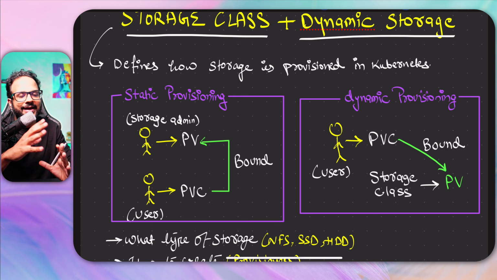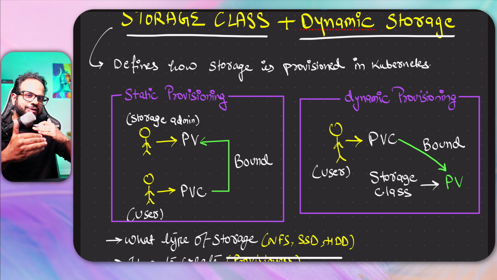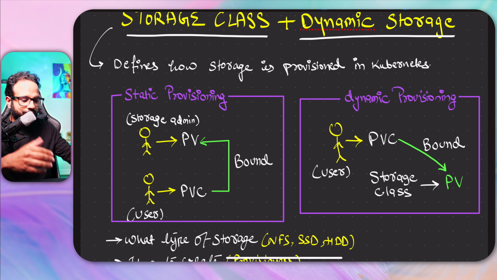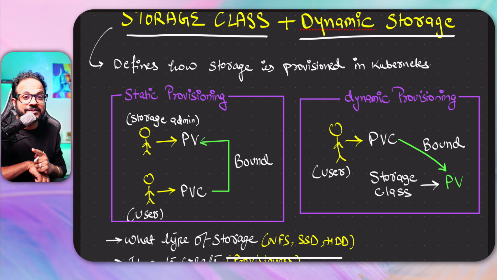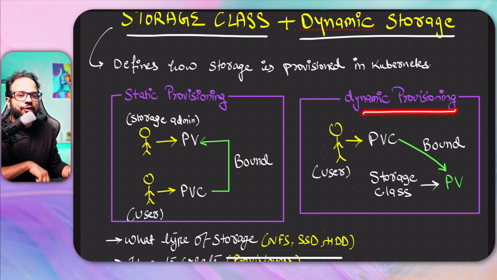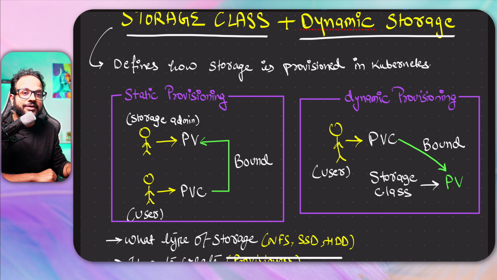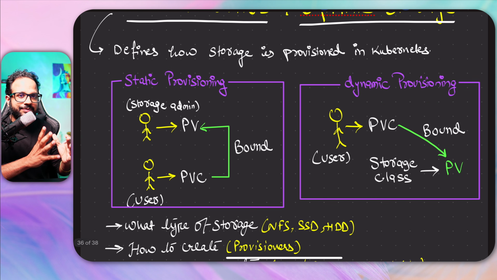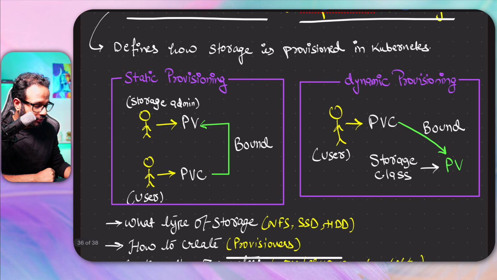Some require a balanced persistent disk, and so on, right? So we can create storage classes for all those persistent disks so that we don't have to pre-provision the persistent volumes, and it will help us save a lot of cost. It will help us dynamically provision the volume when needed, and the volume will be deleted when it's not required. So that's the main difference between static and dynamic volume provisioning.